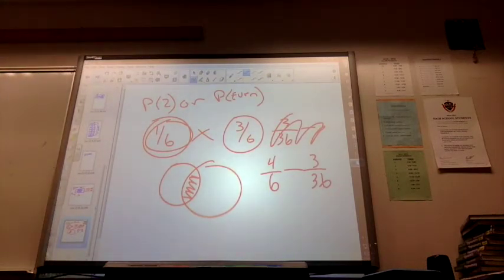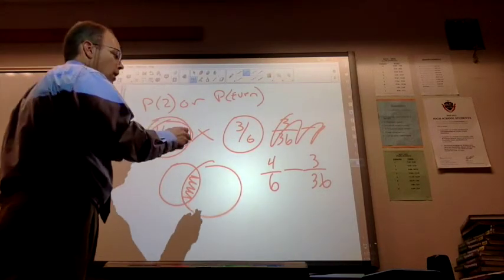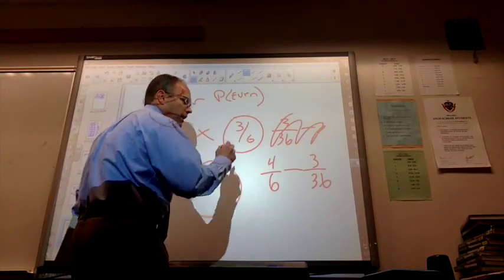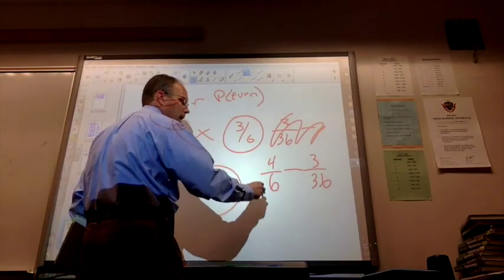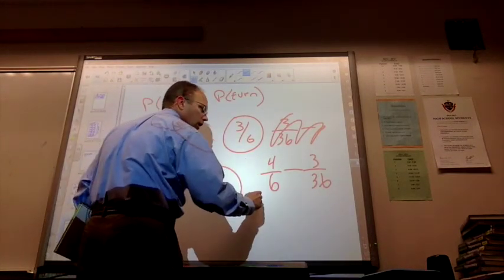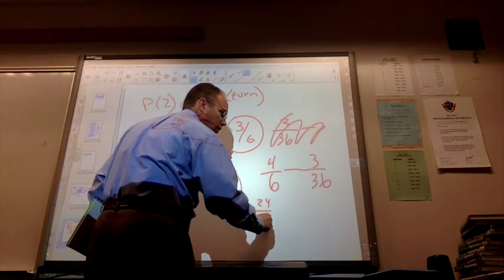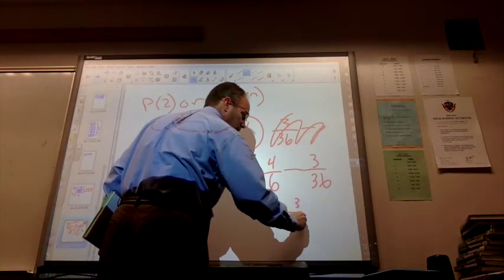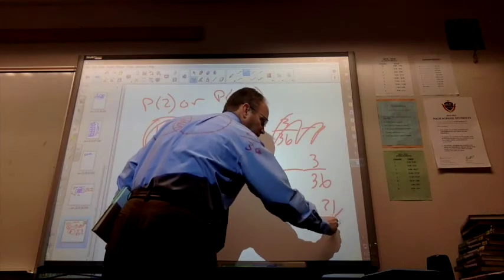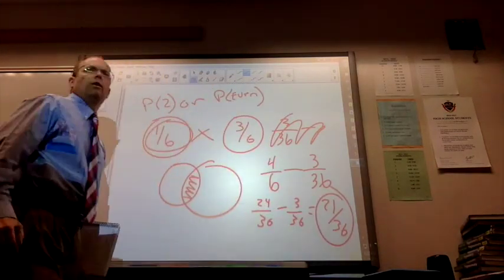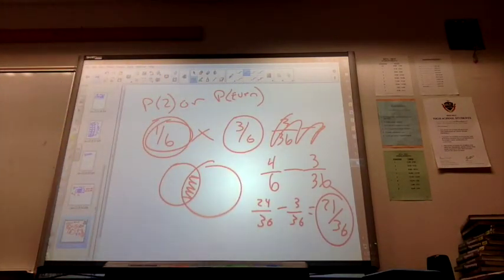I added the two events together, and now I'm going to subtract that they both would happen at the same time. So multiplying the two together is 3 over 36. So 4 over 6 minus that, I need a common denominator, multiply top and bottom by 6. So I'm going to get 24 over 36 minus 3 over 36 equals 21 over 36. Yes, you can reduce it if you'd like.